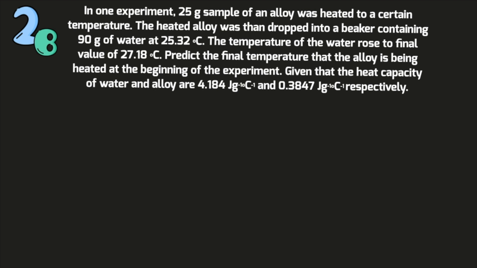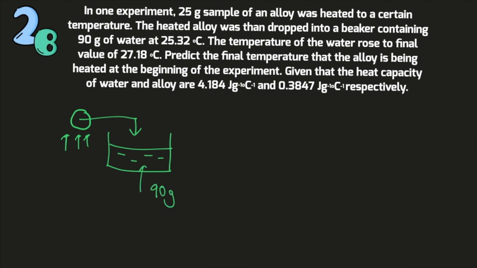Before we answer this question, I'm just going to briefly go through what is happening. You have this alloy and you heat it up. Once the alloy is heated up, it is dropped into a container with 90 grams of water.